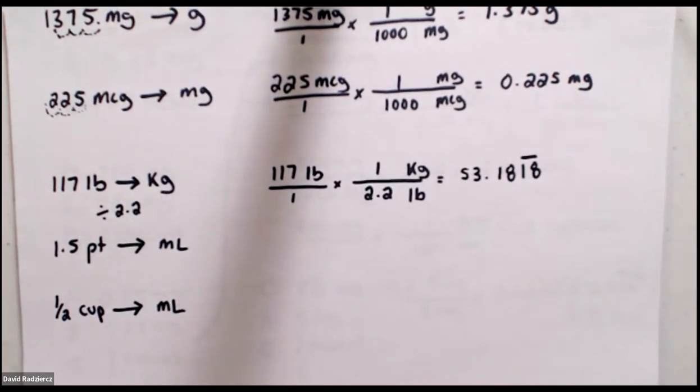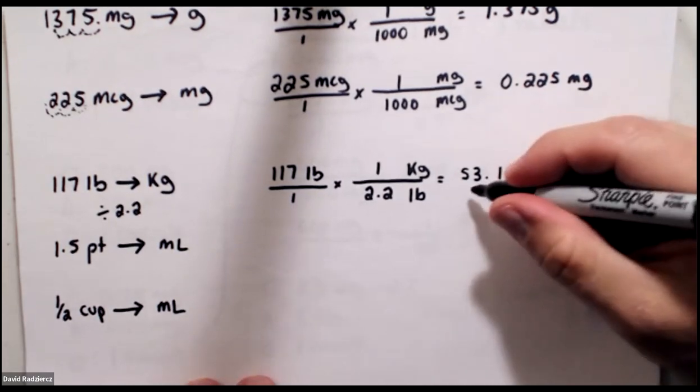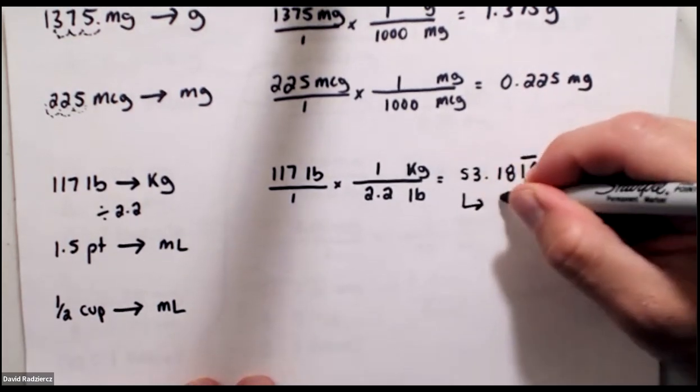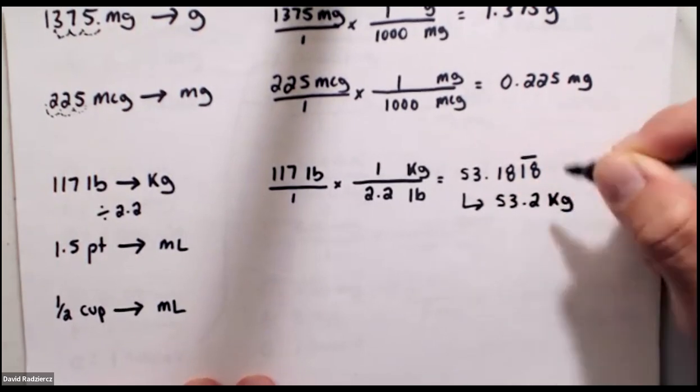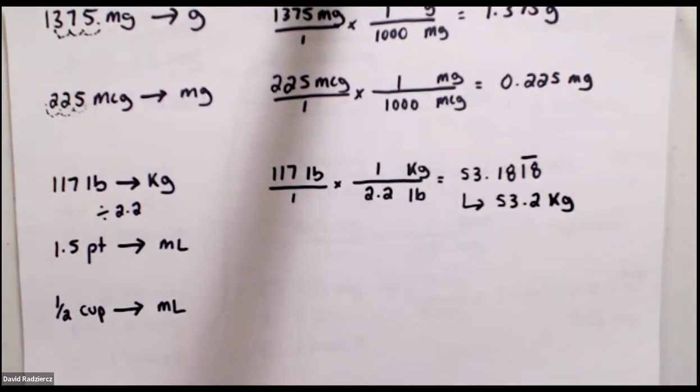You don't want to have a number that just keeps repeating over and over again. So what you're going to do is round that number to 53.2 kilograms. You're going to round that number to the nearest tenth because you're making the conversion from pounds to kilograms. You're going from household units to the metric units. And that's kind of the rounding rule associated with that.